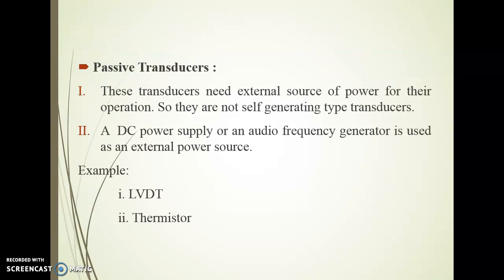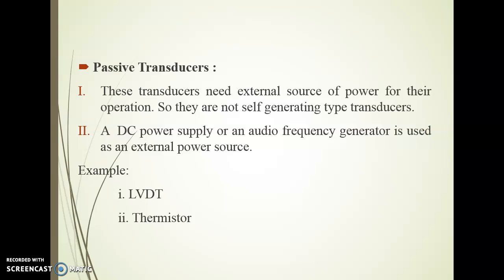Next are passive transducers. A passive transducer needs an external power source for its conversion, that is, for converting a physical quantity into an electrical quantity. The external source may be a DC power supply, an audio frequency generator, or an AC power supply.